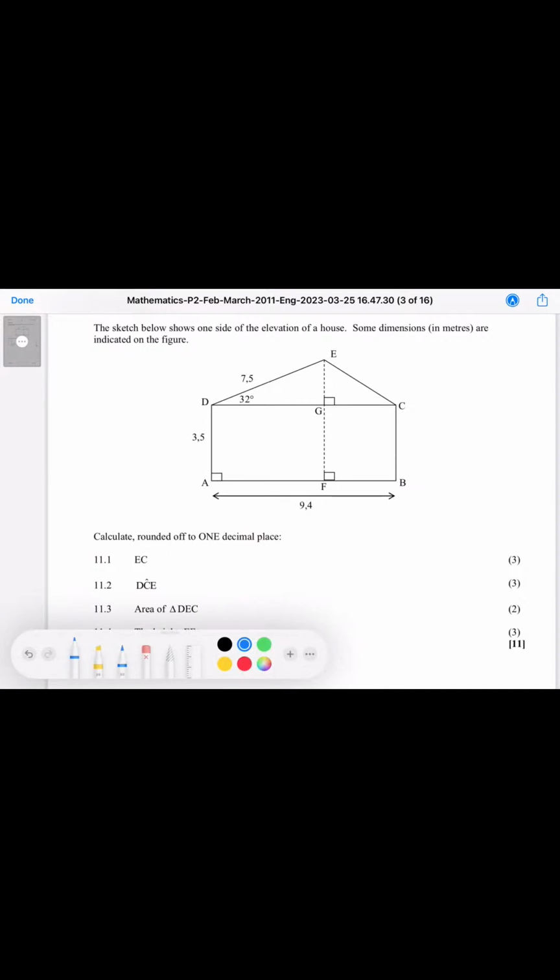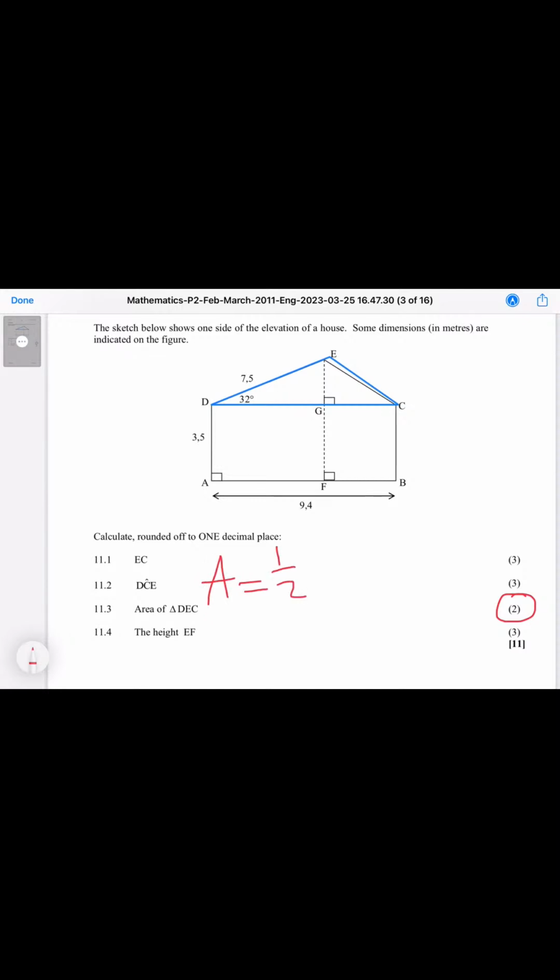Area of triangle DEC, area of triangle DE, and then from there you go to C. I think we can use the area rule because that triangle is not a right angled triangle, considering that it's allocated 2 marks. You know the area equals half, you can say length times breadth, and then sine of an angle.